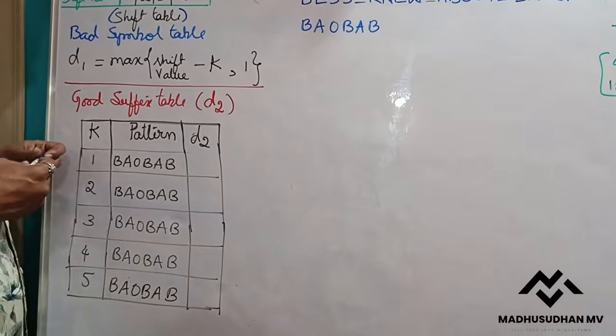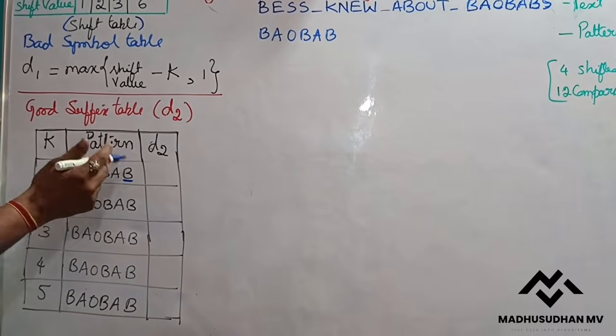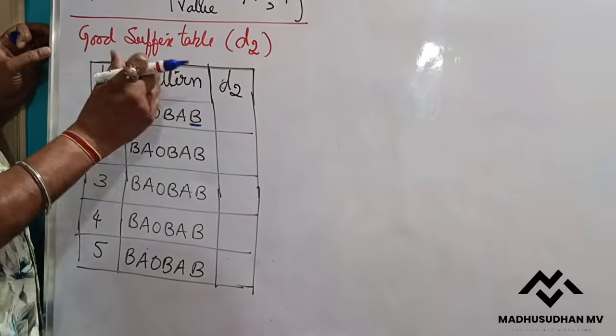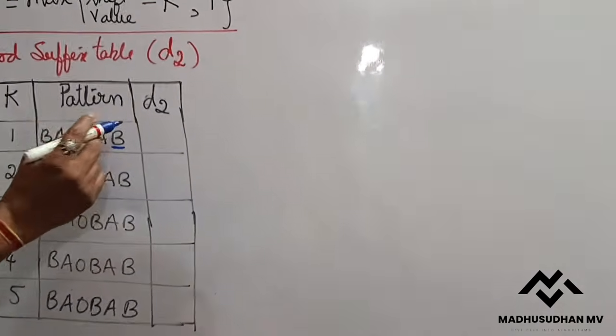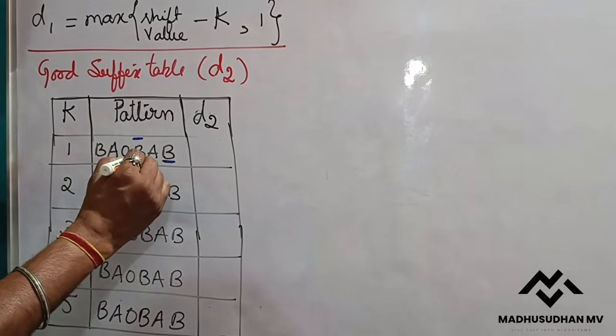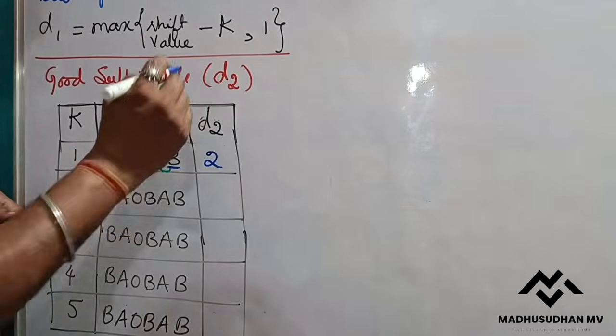If the number of characters matched is 1 and then a mismatch occurs, you check whether this suffix is there. Yes, it is here. So what is the distance? 1 and 2. So distance is 2.